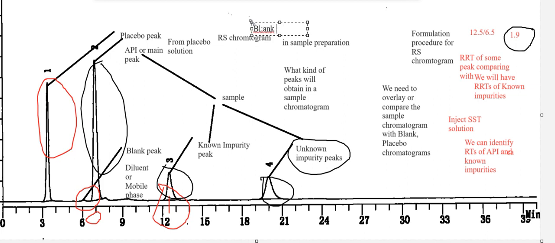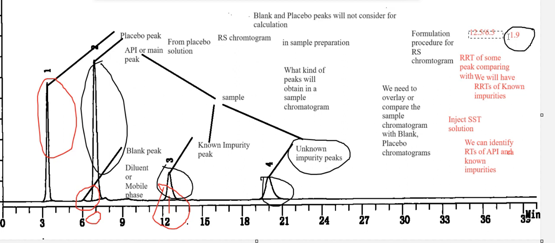They can be identified and marked, you can name them as blank 1 or blank 2 and placebo 1 and placebo 2, but the blank and placebo peaks which you have integrated and named will not be considered for the calculation.